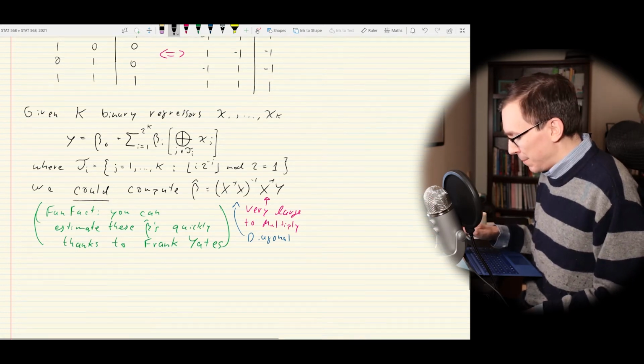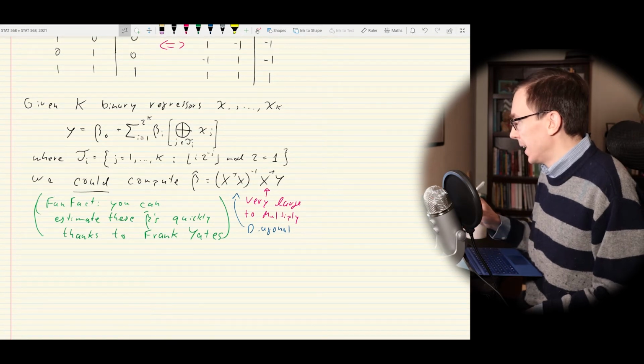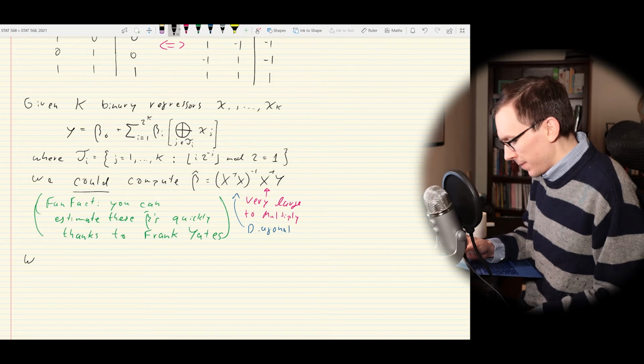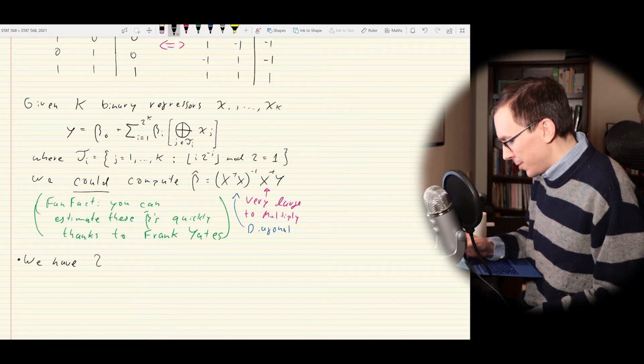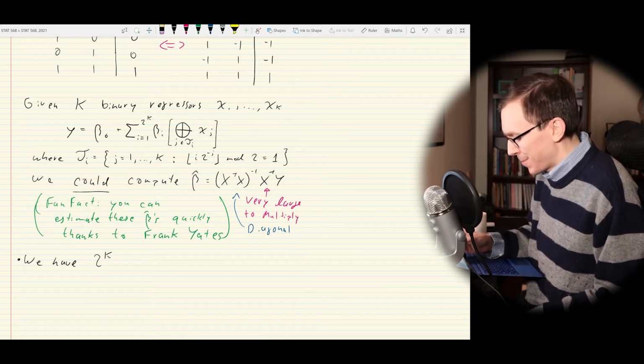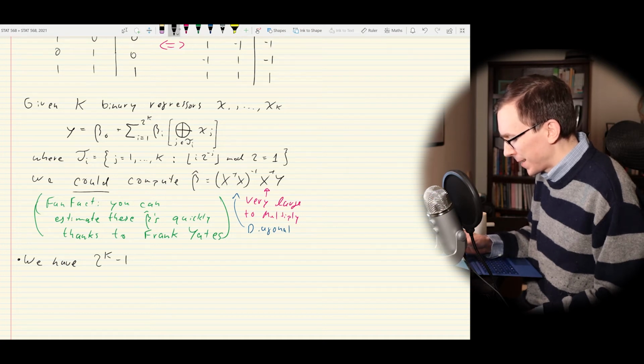Anyway, there are a couple other things to note. One is that we have 2 to the k minus 1 effects to estimate, if we ignore the intercept term.